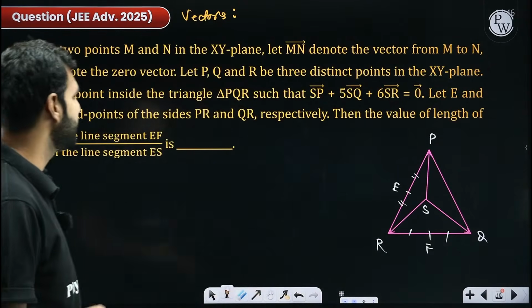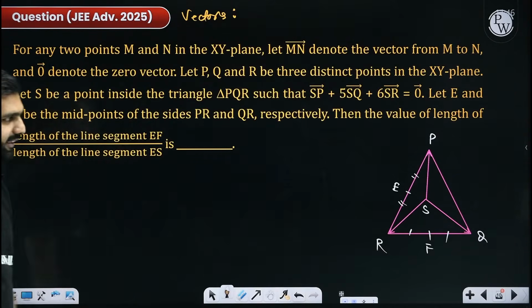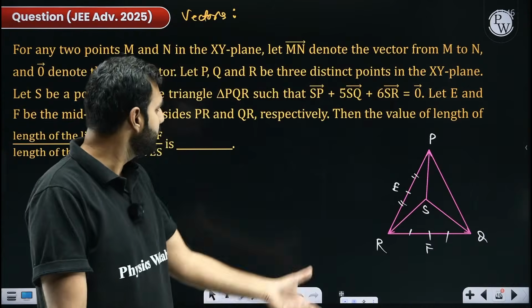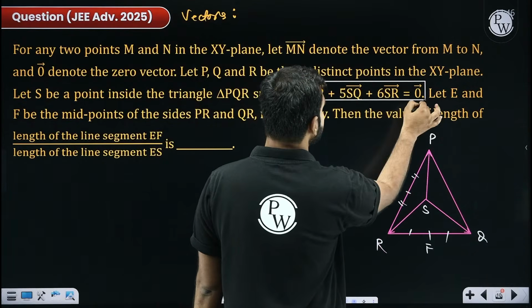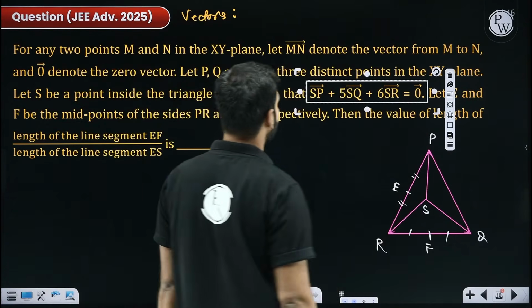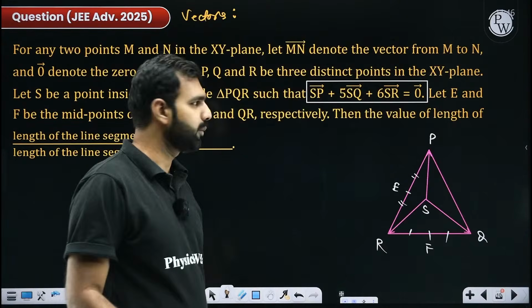Now, what we need is the value of the length of EF upon the length of ES. We'll talk about that, but let me interpret something out of this data given to us. SP plus 5SQ plus 6SR. Let me use simple observation.